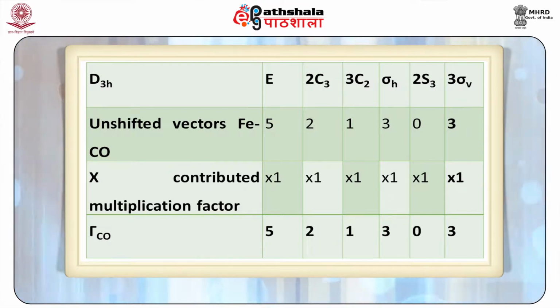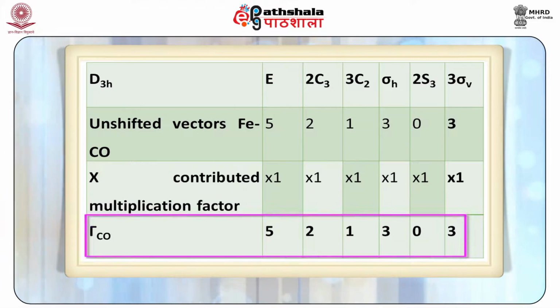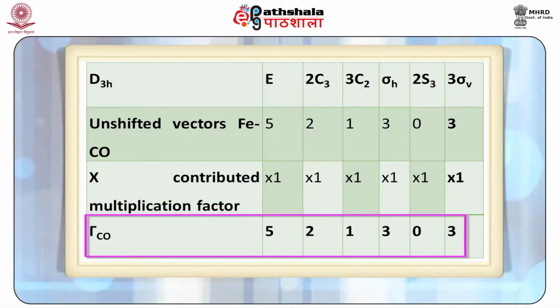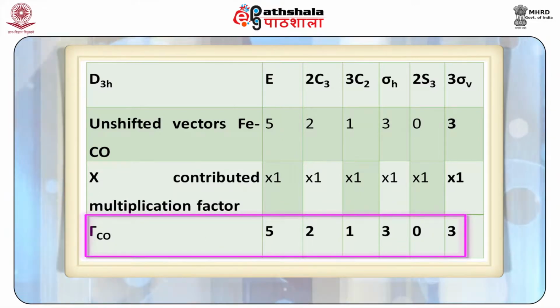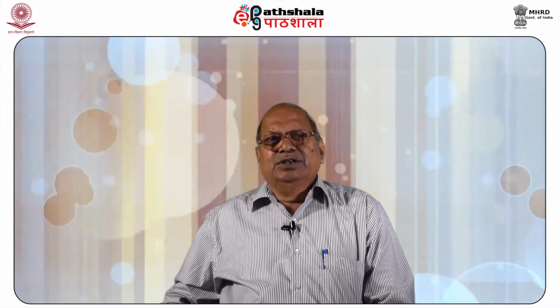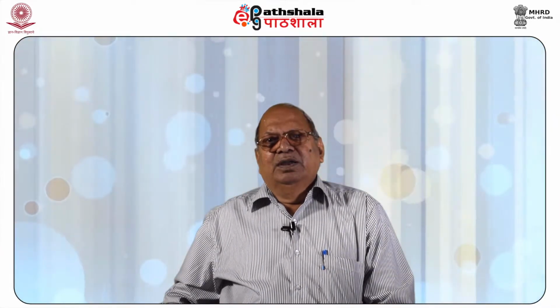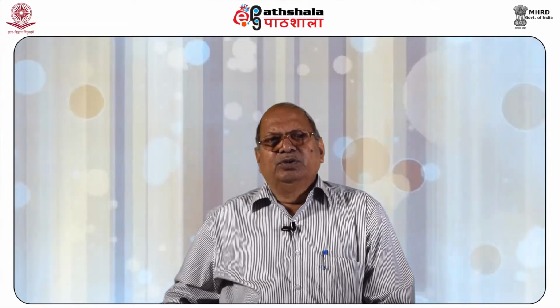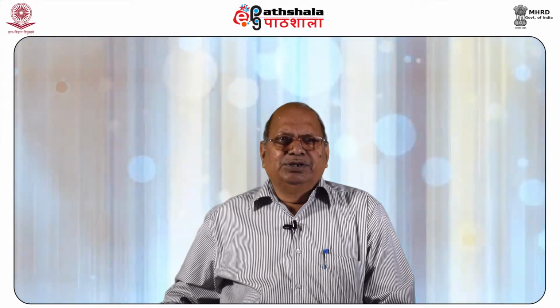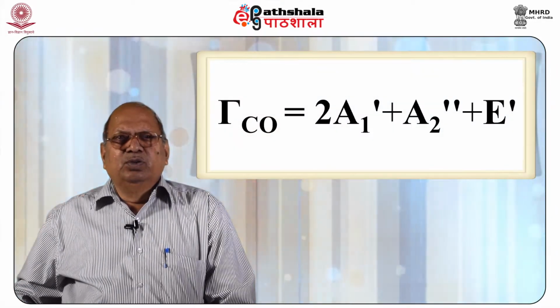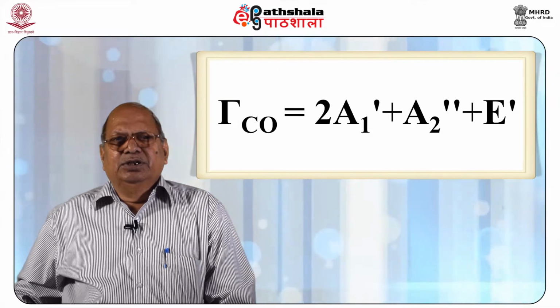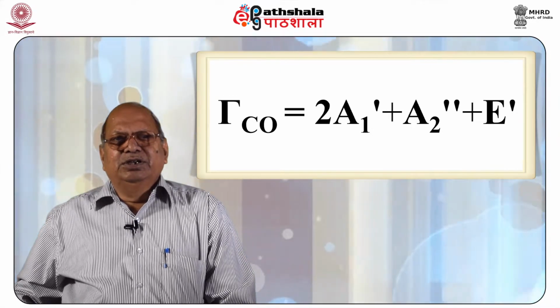The character for the CO representation is 5, 2, 1, 3, 0, 3. Using the standard reduction formula, the vibration can be reduced to irreducible representations: 2A1' plus A2'' plus E'.